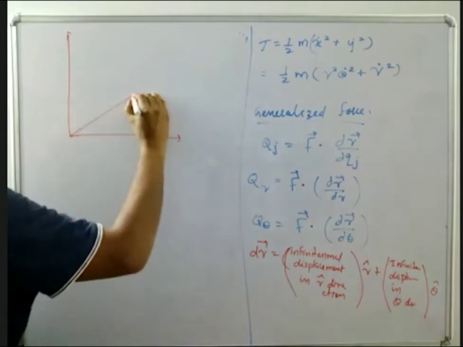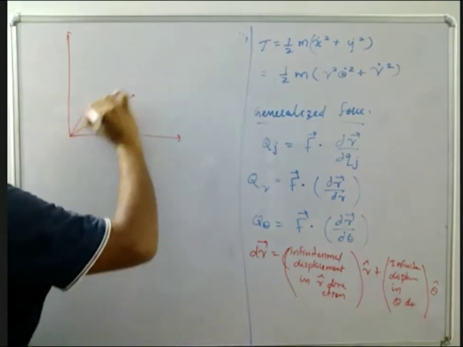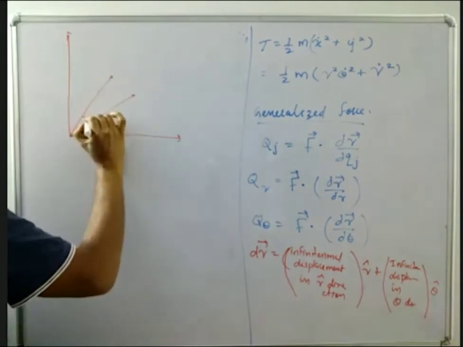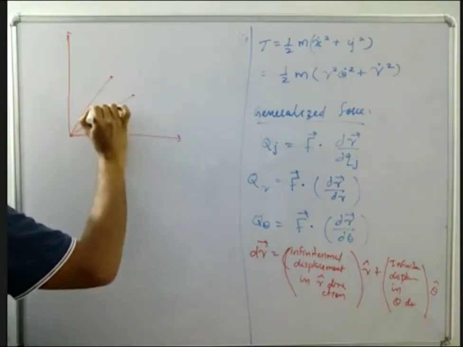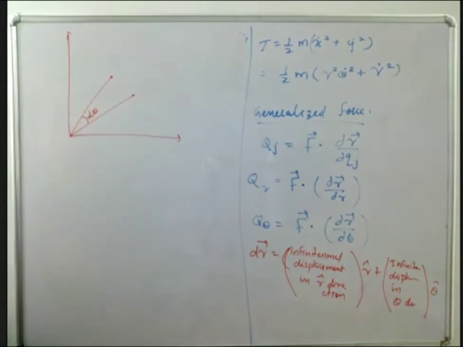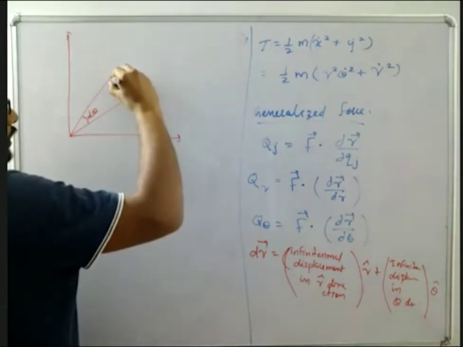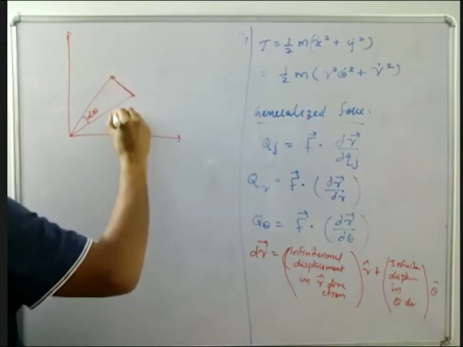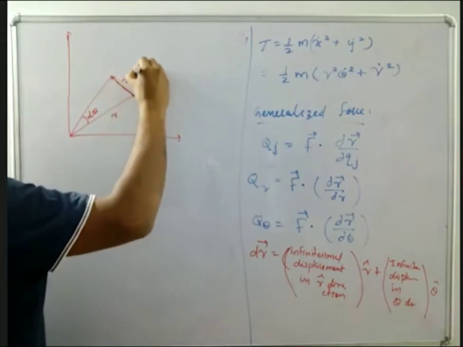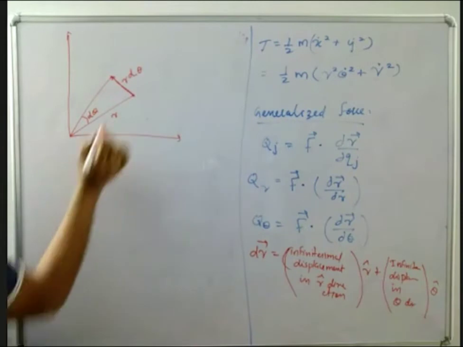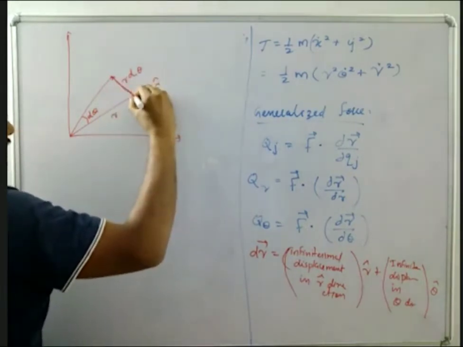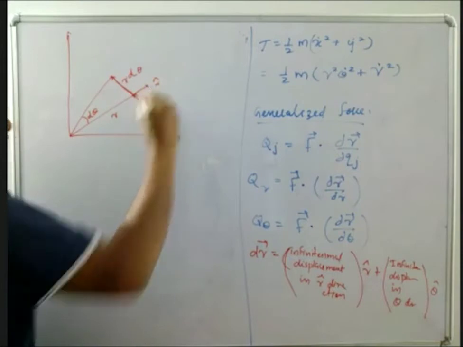So we have the initial position of the particle here, and after an infinitesimal time, the particle is here, and it has gone by an angle d theta. This distance is r, so the arc would be r d theta. This is the r cap direction, and this is the theta cap direction.